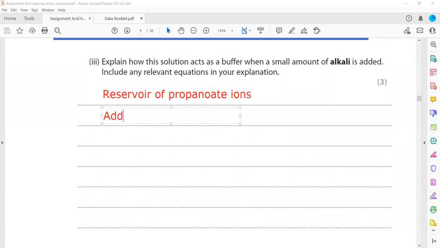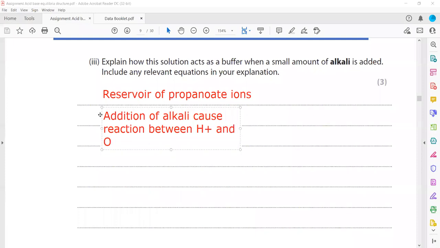Then what will happen? Addition of alkali shifts the equilibrium. Addition of alkali causes a reaction between H plus ions and OH minus ions, which shifts the equilibrium towards the right-hand side, because if the amount of hydrogen decreases, the equilibrium shifts towards the right.